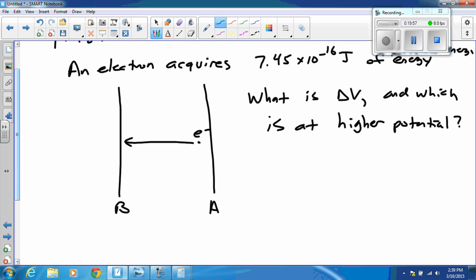If both of those plates are negative and the same value, like negative 10, then there would be zero potential between them, and the electron would just freely drift. It wouldn't have a tendency to go one way or the other. If one of them is at -9 and the other one's at -10, now there's a 1 volt difference between them, and the electron is going to go from the -10 to the -9. So it's all relative. It's not absolute.